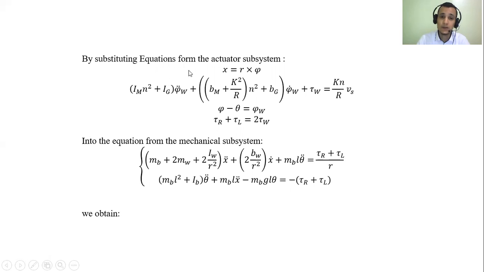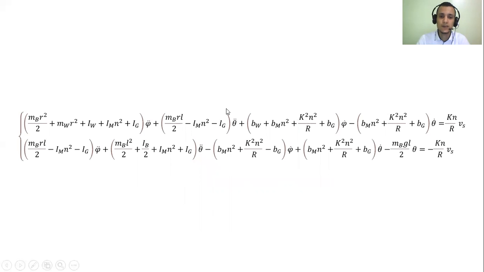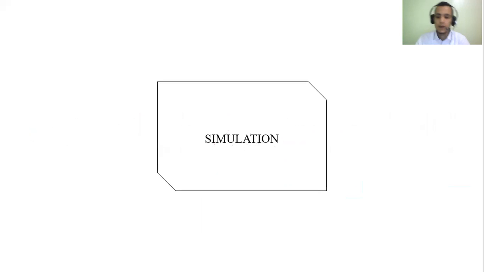By substituting the equation from the actuator subsystem into the equation from the mechanical subsystem from earlier, we get this big equation that has Vs as an input and the angular velocities and the angular acceleration as the output.